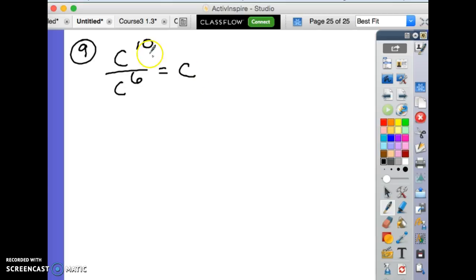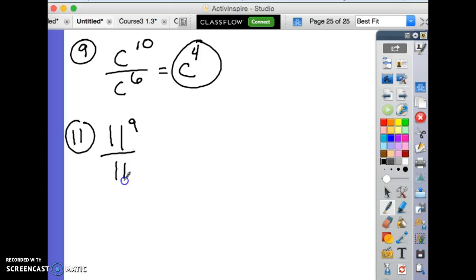My base is c. 10 minus 6 is 4. 11. 11 to the 9th over 11 to the 7th. We get our base of 11. 9 minus 7 is 2.